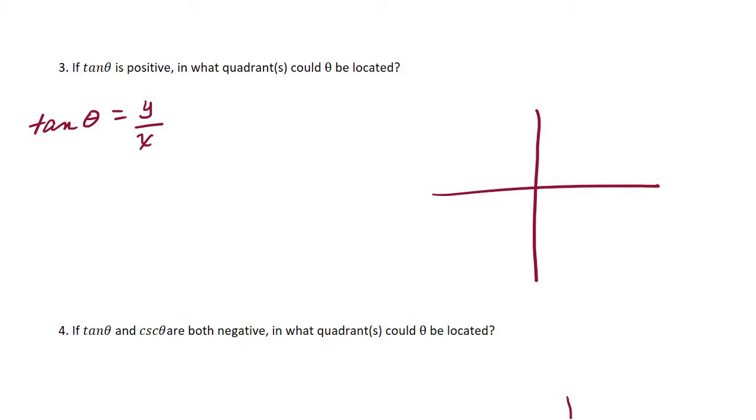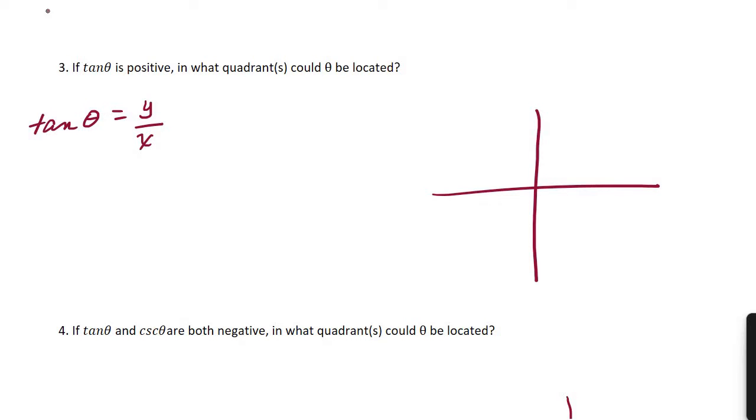Now, problem 3 is a little bit different because we're not given a ratio with r. In our previous two problems, r was positive. Here I'm looking to find out where tan theta is positive, and tan theta is defined as the ratio of y over x. So here I don't know information about y or x, but I do know that the whole ratio of y over x is a positive answer.